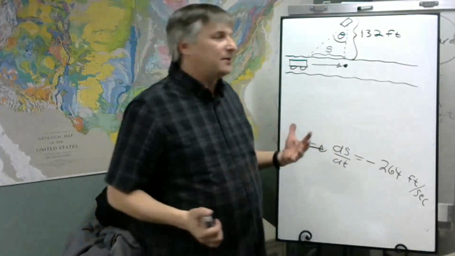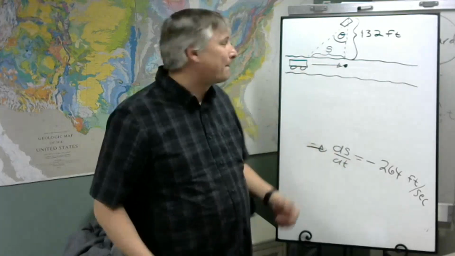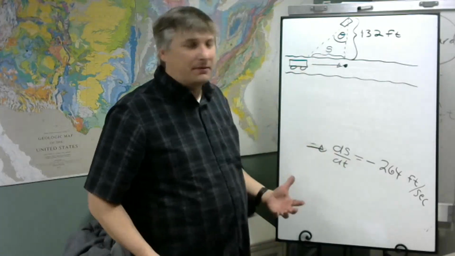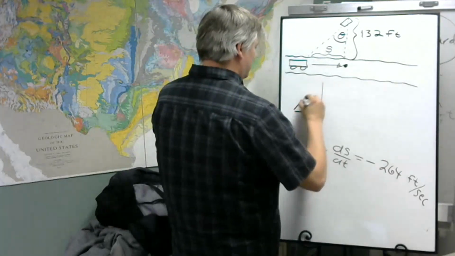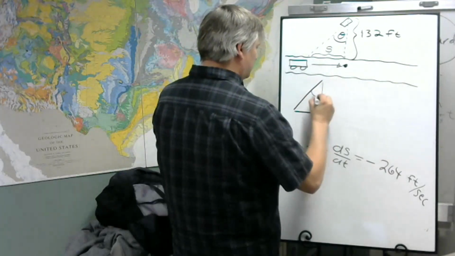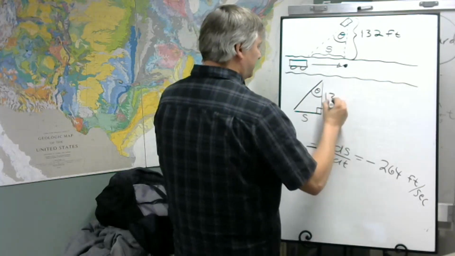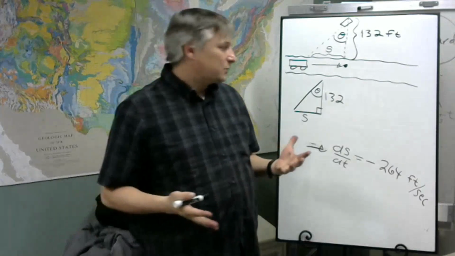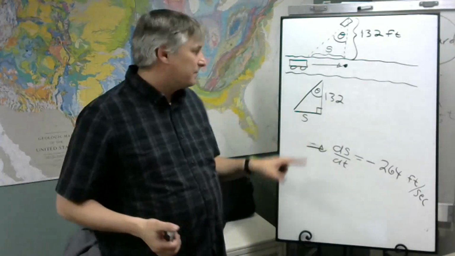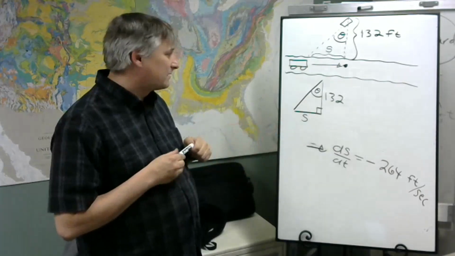But how do we relate these things? Okay, so if we need to take the derivative of s, we've got a number for that. But how do we relate them? Well, what we have is a triangle. There's a theta, an s, and a 132. And we're going to take the derivative of our variables. So theta was going to become a theta of t, d theta dt.